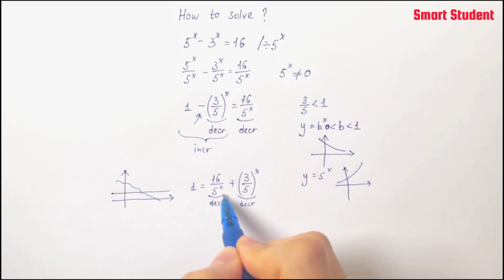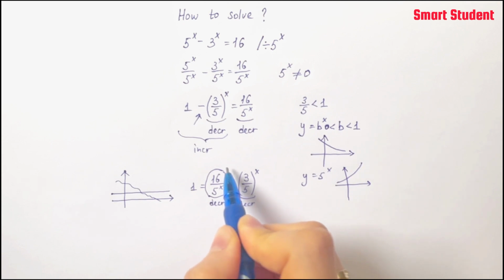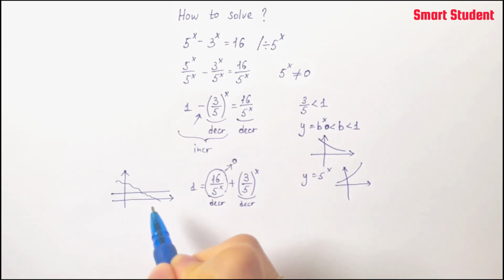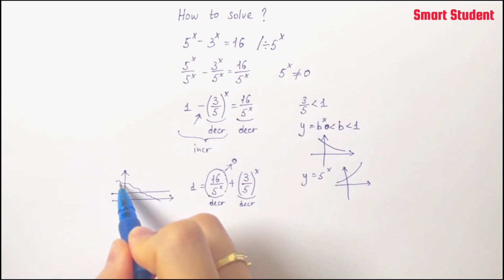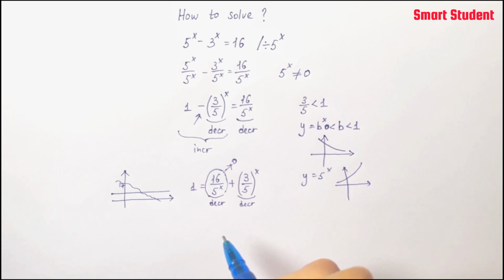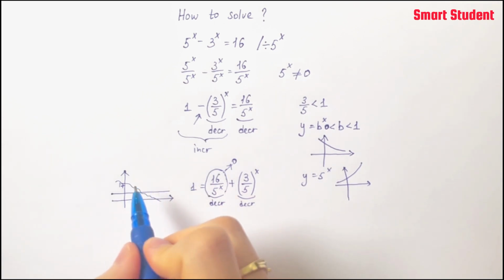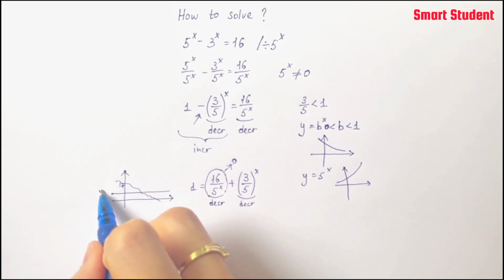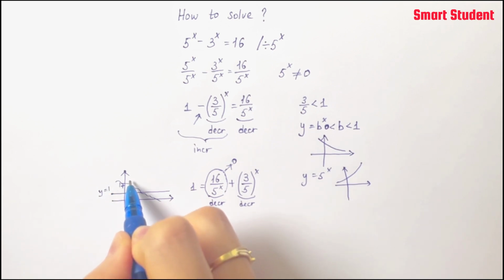Now, what happens if x approaches infinity? As x approaches infinity, this is going to approach 0. So our y-intercept is going to be at 17. Our function is going to approach 0, but since everything is going to stay positive, our function is going to stay above the x-axis.